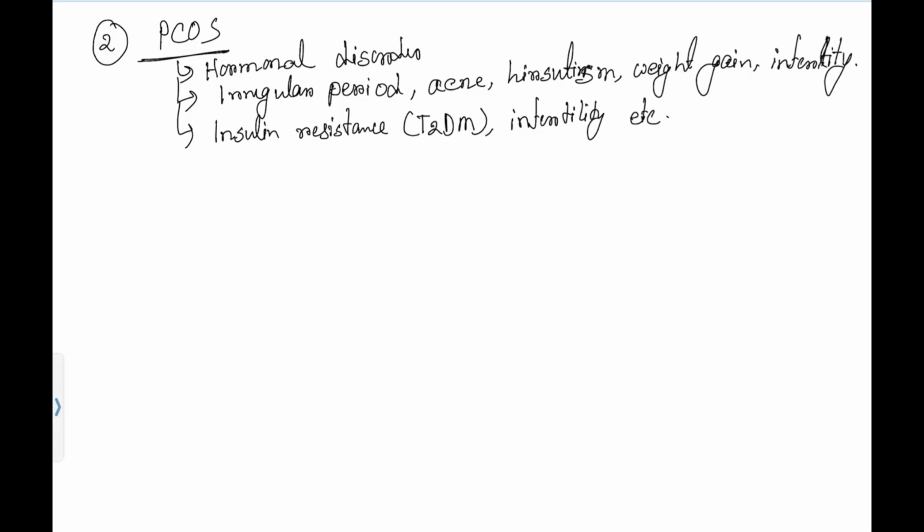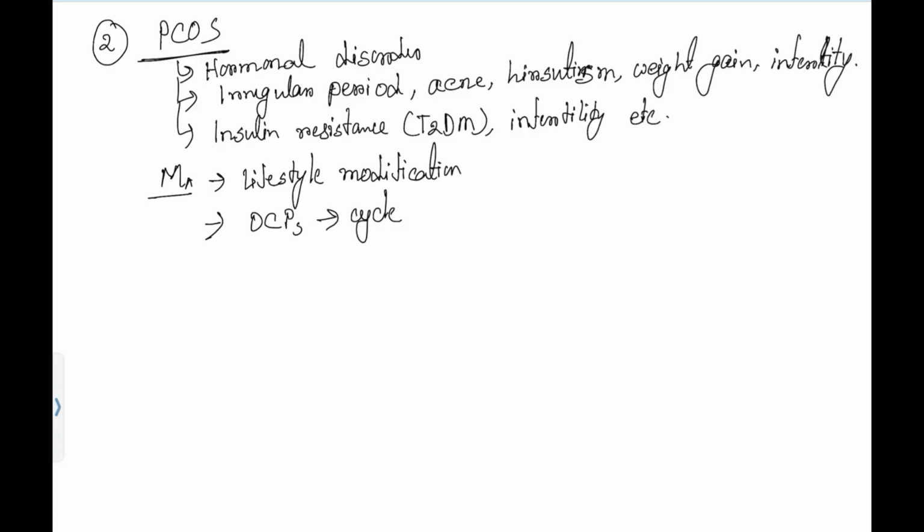So what is the management? You have to do lifestyle modifications. What are the lifestyle modifications? Regular exercise, avoid junk food, then walking, evening walk, morning walk, etc. For menstrual cycle regulation, you need to take OCPs, oral contraceptive pills.